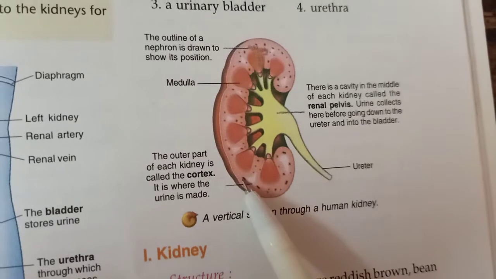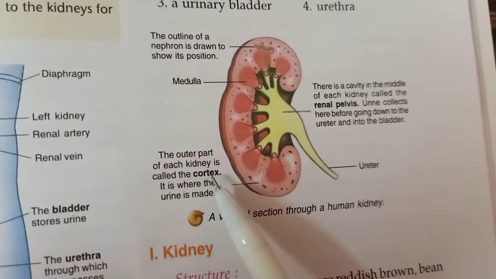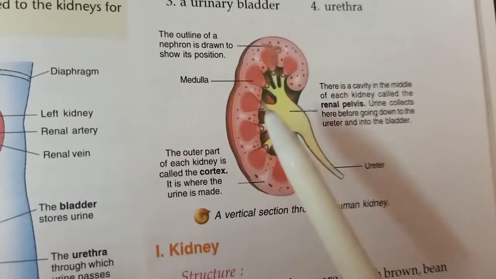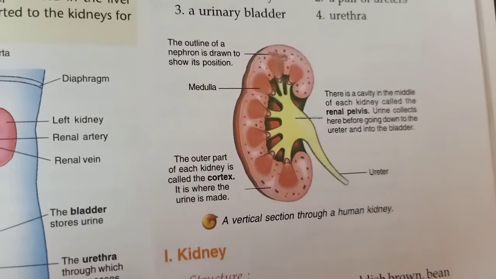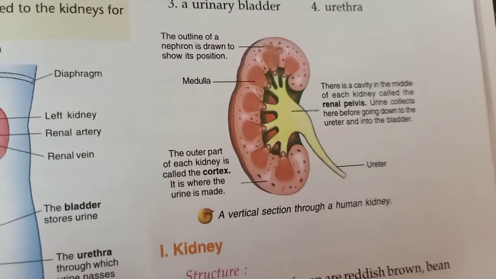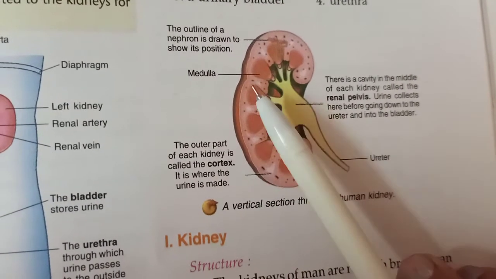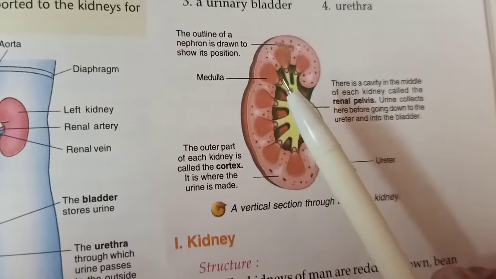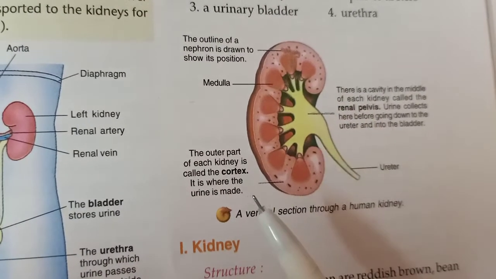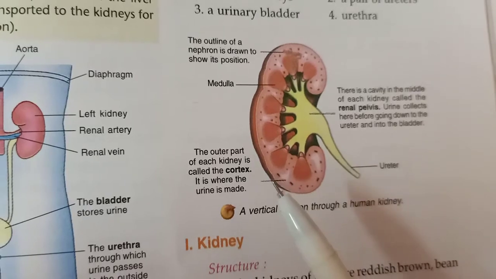This outer part is known as cortex region. So this kidney is made up of two regions, that is outer cortex and the inner medulla. Inner region is known as medulla and the outer region is known as cortex.